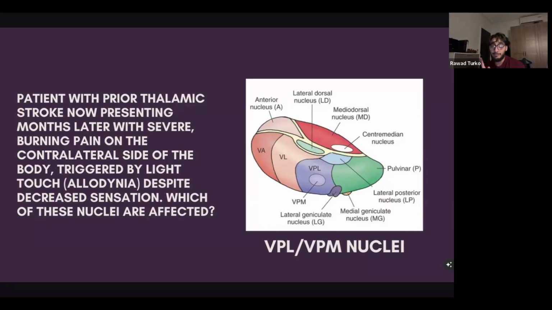But if the specific fibers are also affected in this lesion, so it's not just the nucleus, it's also the fibers, then later this could lead to something called central pain syndrome, where the patient is going to have chronic pain on one side of the body because of involvement of these. These neurons are going to be extremely sensitized to pain, where anything could set them off and anything can cause very, very major pain. Okay.